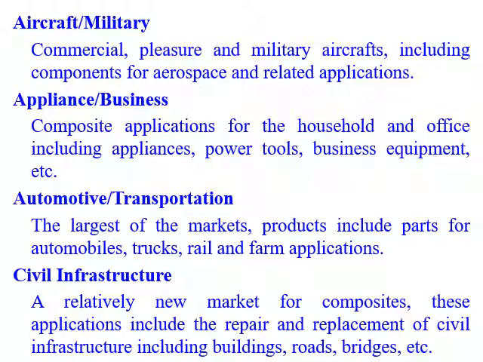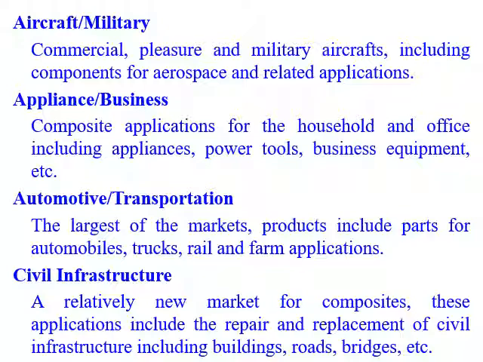If you go on listing, we can categorize them into aircraft, automobile sector, structural ones, appliances or business ones, sports, or surgicals or the medical field. So we have plenty of applications of composite material in the present scenario.